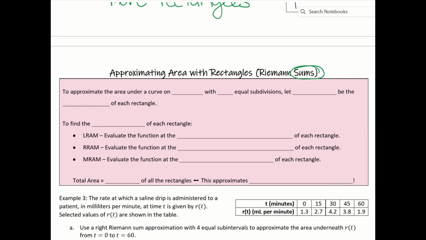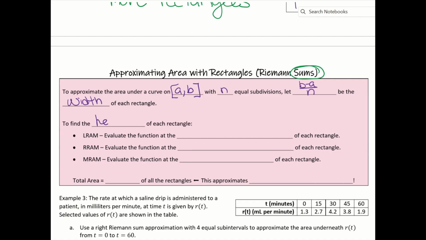That's the sum part. So to approximate the area under a curve on the interval a to b with n equal subdivisions, let (b minus a) over n be the width of each rectangle. For example, if you're going from 0 to 10 with 10 subdivisions, do 10 minus 0 over 10 to get a width of 1 for each rectangle.